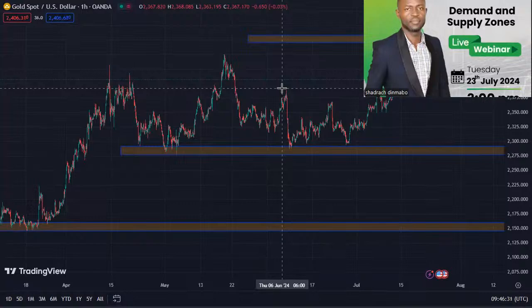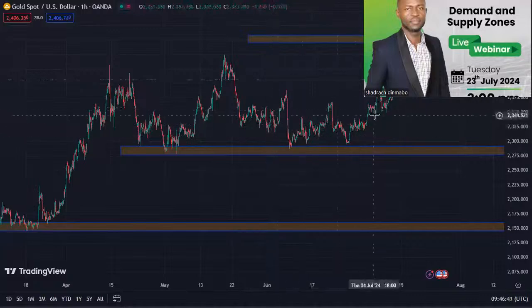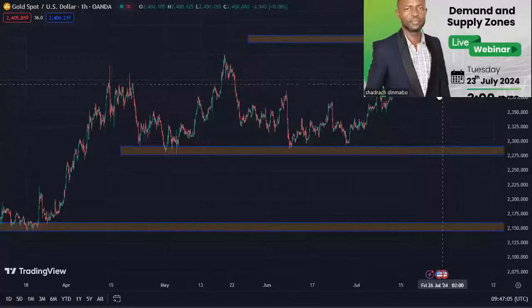Now, just running with zones alone, it's not enough, because now that I have plotted out my zones, I can begin to look at other confirmations, let's just say, maybe moving averages, or maybe a stochastic or other oscillator, just something to confirm if the market is going to reverse.